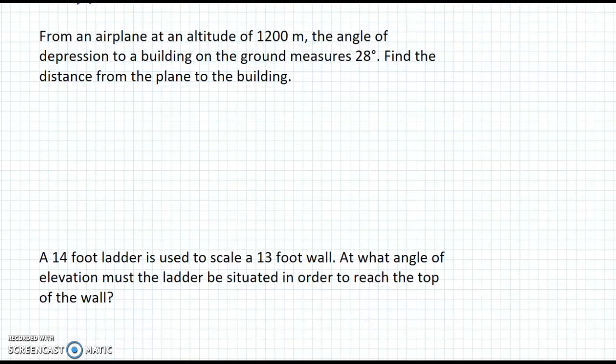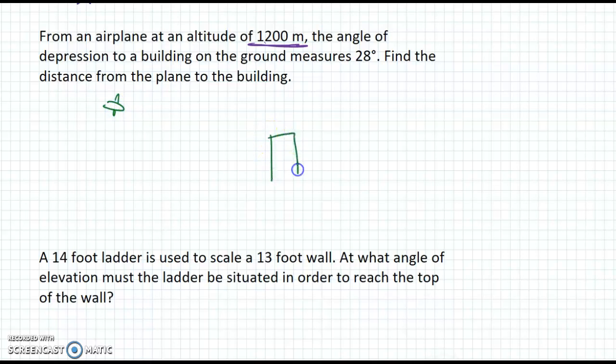From an airplane at an altitude of 1,200 meters, an angle of depression to a building on the ground measures 28 degrees. Find the distance from the plane to the building. So here's my plane in the air.